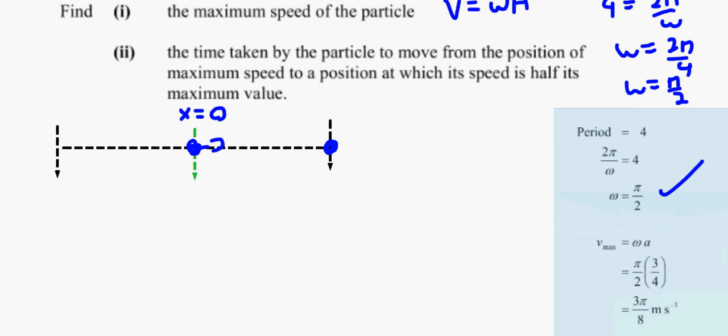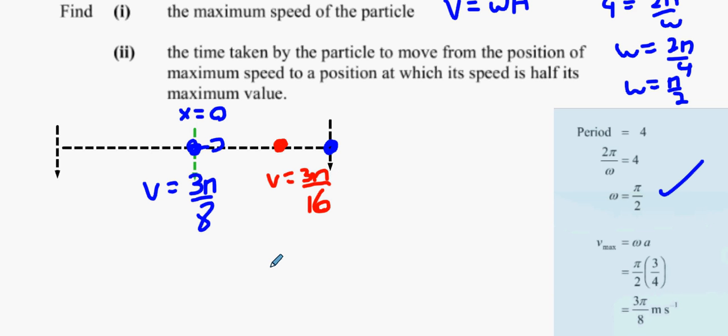I rubbed out the maximum speed too quickly, but I have it here. That's v equals 3 pi over 8. You cool with that? And then there's going to be a position somewhere along this line where its v value is 3 pi over 16.